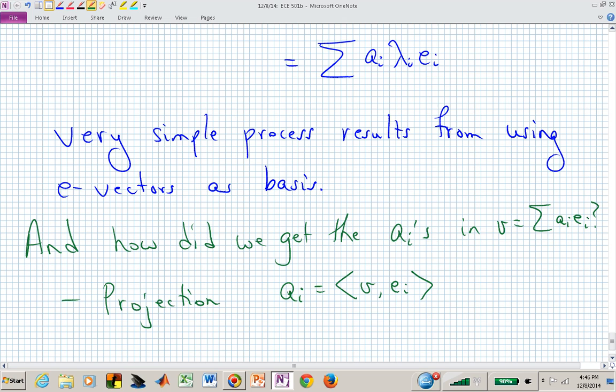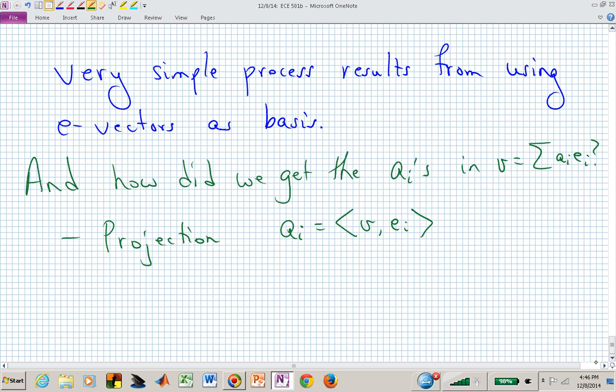And each of these e sub i's are orthogonal for certain operators. And that makes it easy to think about what's happening relative to these coefficients a sub i.